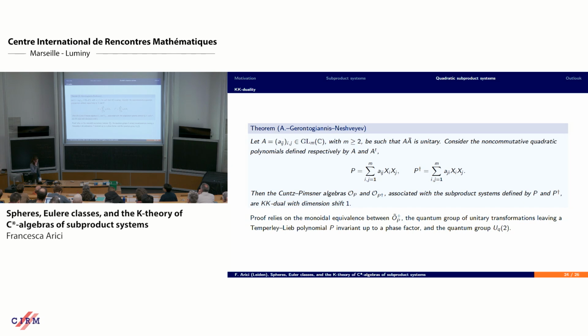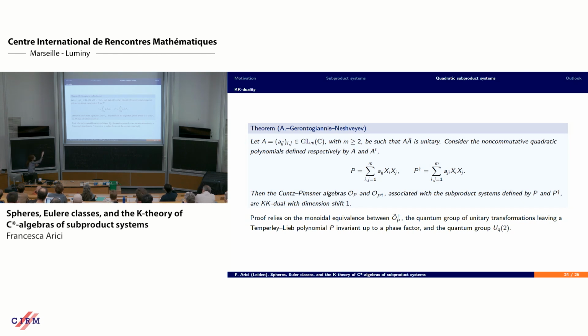Okay, and to construct the KK duality, we actually proved that O_P is self-KK dual, but we did this a bit in the way that Kaminker and Putnam do it for Cuntz-Krieger algebras. So we constructed a different algebra that then turns out to be isomorphic to the original one.